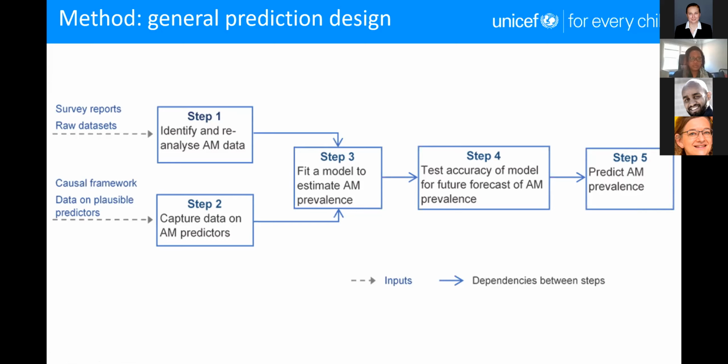Following which the model was then tested for its accuracy in predicting malnutrition. The work was initially intended to be carried out for 3 countries in the Eastern Horn of Africa. We're now at around step 4 of the work, and that's been done for 2 of the countries so far.